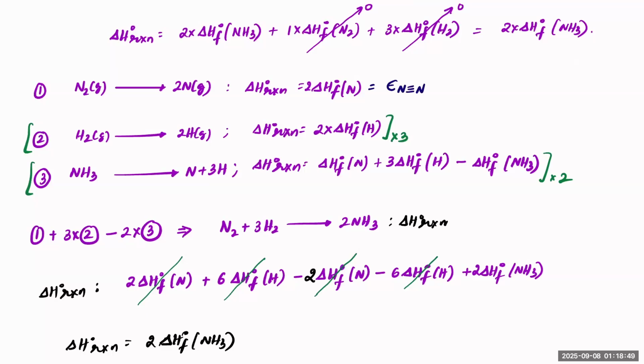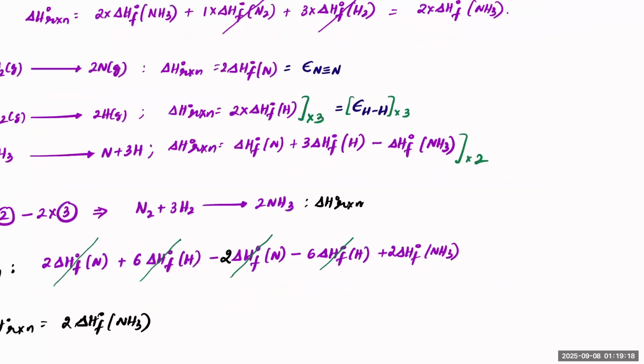So 2 times delta H naught of formation of nitrogen is epsilon N triple bond N. That is the bond dissociation energy of nitrogen. Similarly, this will be equal to epsilon H bond H, correct? And that multiplied by 3 here, because you are multiplying that with 3 here. So that into 3. Clear?